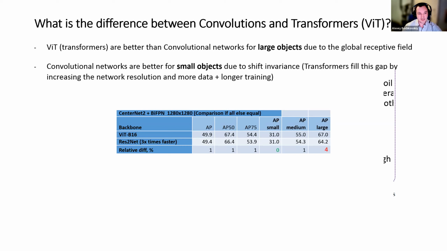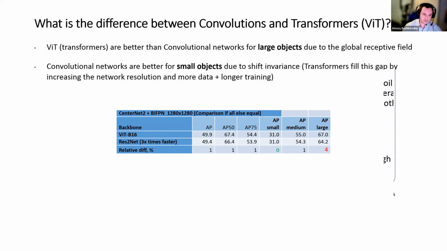large objects. In this table, we see accuracy for object detection for two different models, ViT-B16, Transformer-based, and ResNet, a convolutional neural network. We see that ViT is much better for large objects by 4 relative %, while ResNet has the same accuracy as ViT for small objects, while it's 3 times faster.